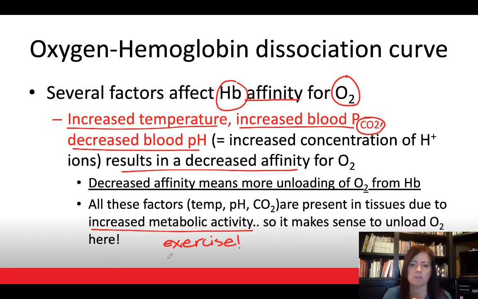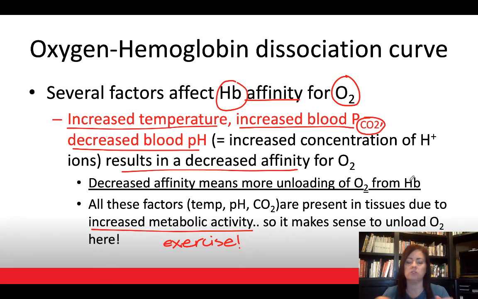It's going to become more acidic, okay? In all three of those conditions, what we end up seeing is a decreased affinity of hemoglobin for oxygen, okay? What that means is that hemoglobin is going to unload that oxygen from the bloodstream into the tissues, which is exactly what we want to have happen.